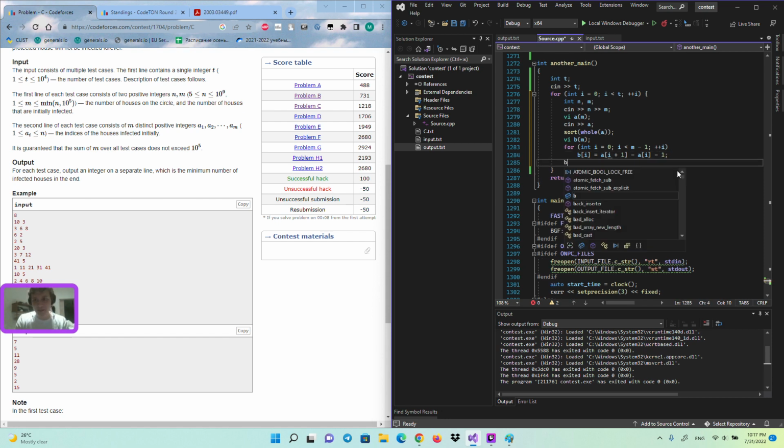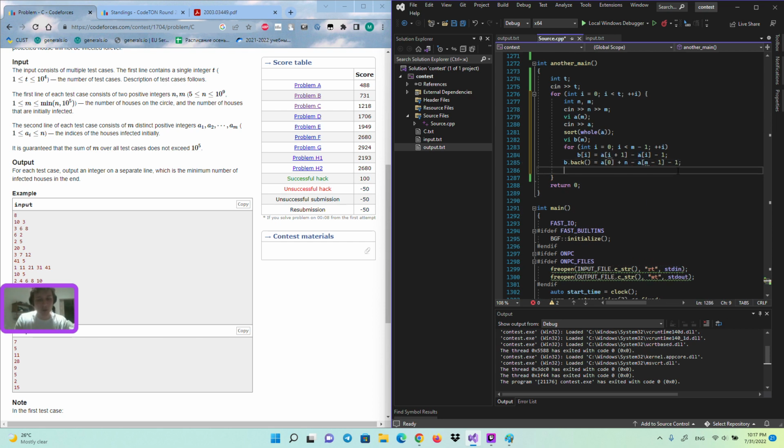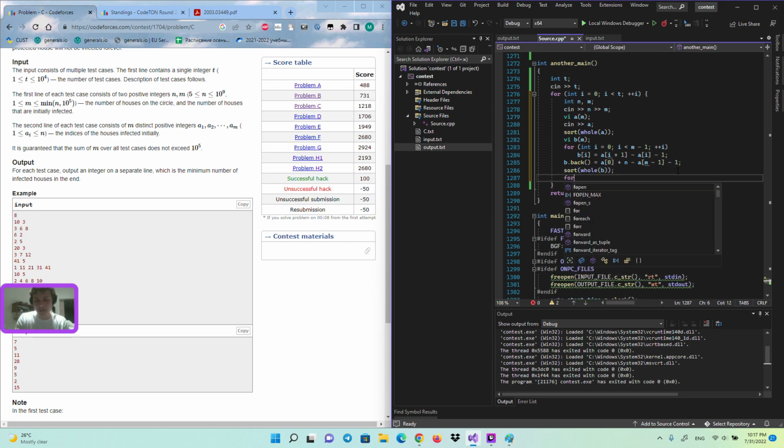And also we add to b back, absolutely like this, we take a first, a zeroth, we take plus n, and then we take minus a m minus first and minus 1. Then we also sort whole b, and then we go from the end to the beginning.